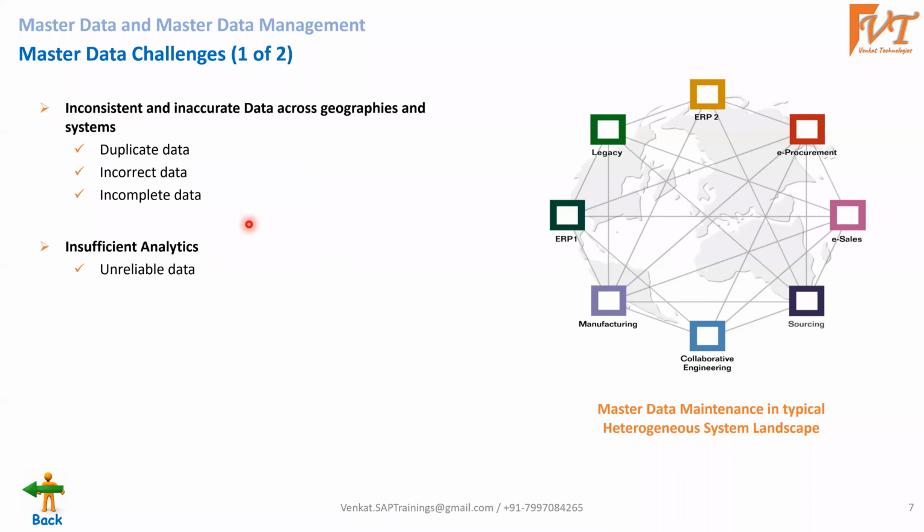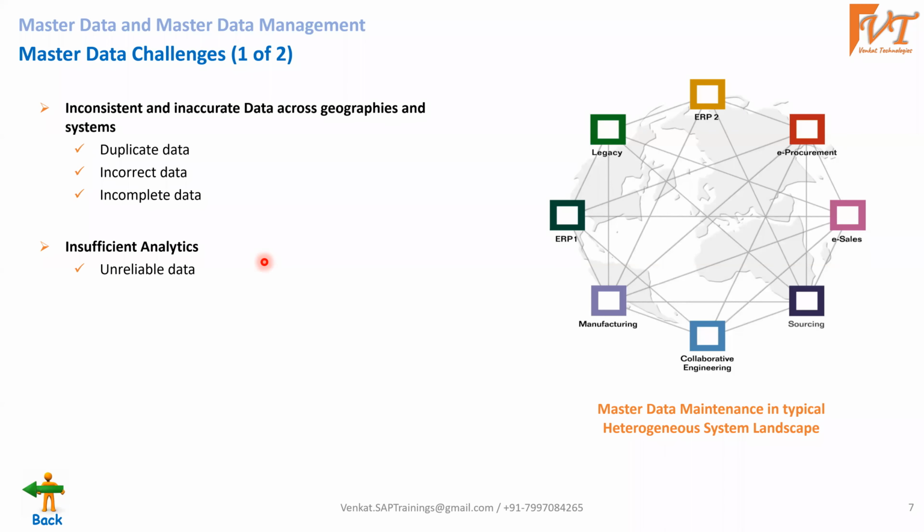And insufficient analytics will be caused by the unreliable data. Maybe the data may be incorrectly maintained across different geographies. It's not properly maintained. Let's say if we take a model of laptop T490 i7. In one location of Amazon site, it's mentioned as i7 fifth generation processor.